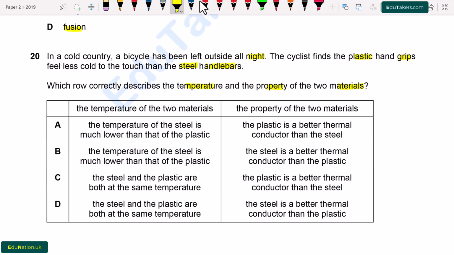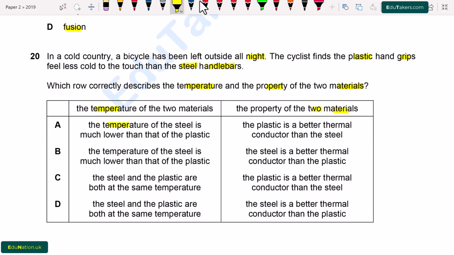Steel and plastic were initially placed in the same cool temperature environment. We know that the specific heat capacity of the steel is larger as compared to the plastic. That's why the effect of the external temperature on the steel is greater as compared to the plastic. Now we see the options. The temperature of the two materials, the property of the two materials.